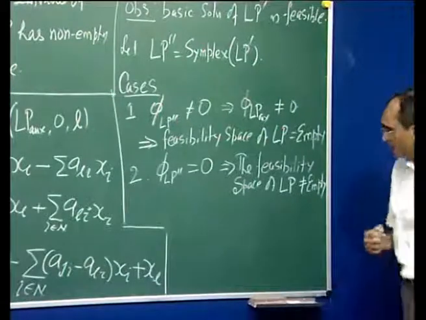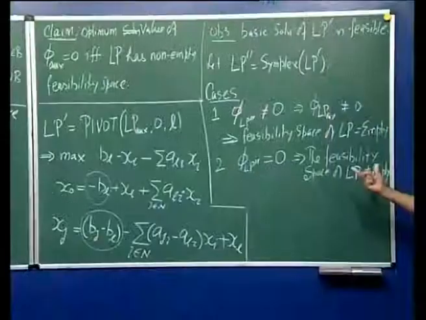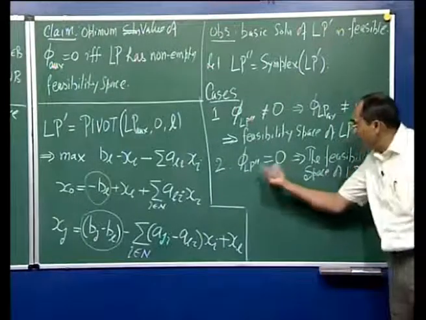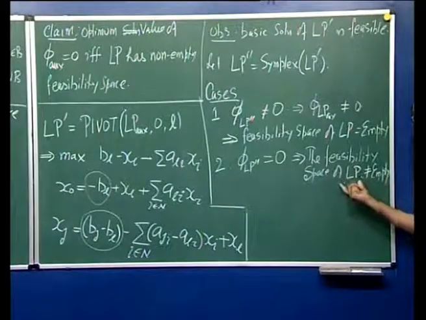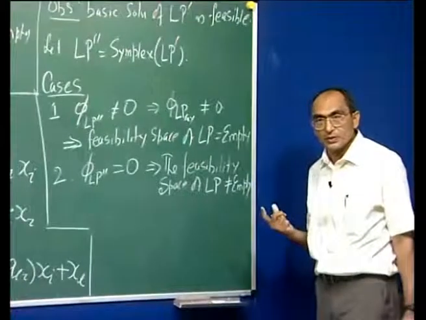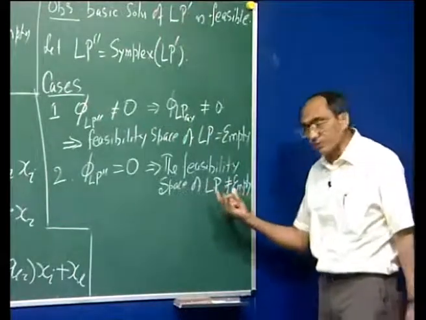That is what we just saw. So, I have to now give you a program equivalent to LP in which the basic solution is feasible, and hence you can then run simplex program starting from that LP.